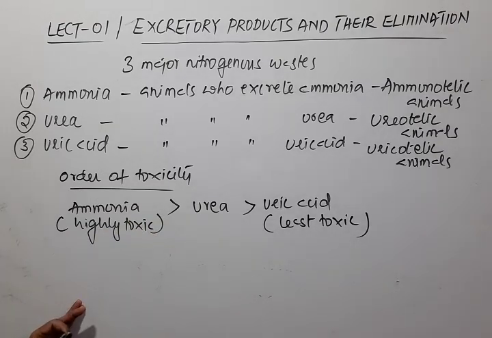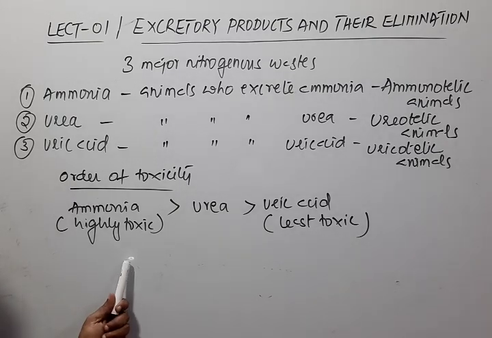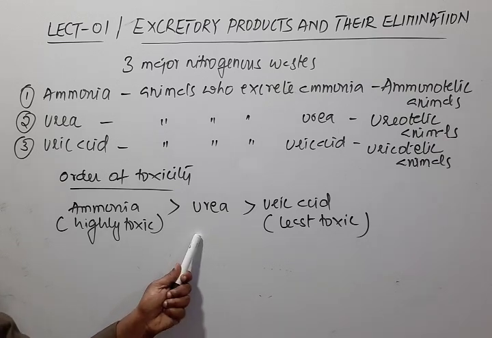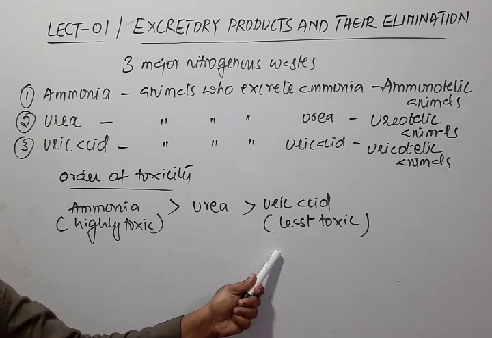And for removal of ammonia, a lot of water is required, as most of the aquatic animals don't have a problem of water. They eliminate the ammonia directly as ammonia. Whereas in the case of terrestrial animals, even though ammonia is formed as the basic product, it will be converted either into urea or uric acid.